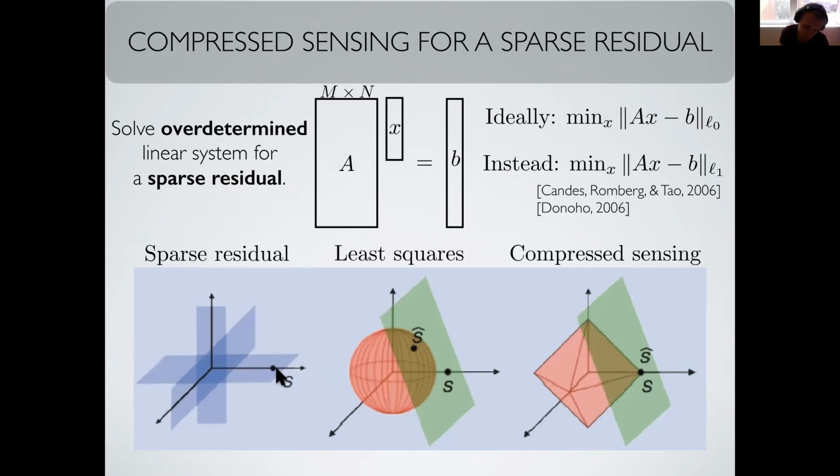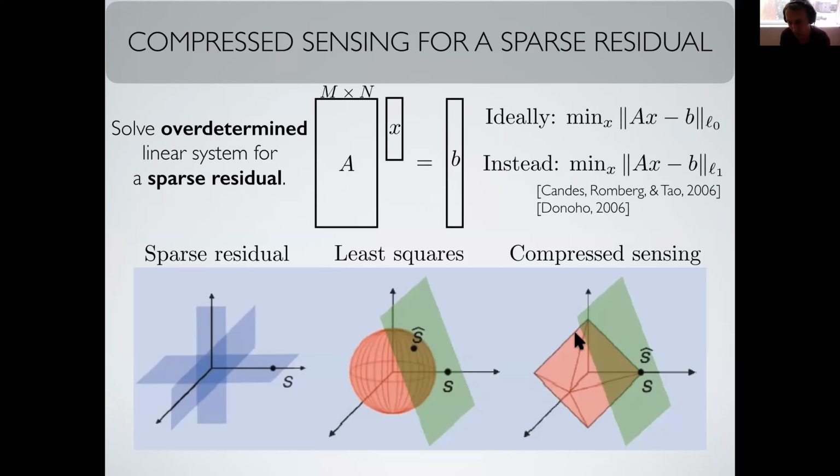Otherwise, it would just have a lot of 0 entries and lie on a hyperplane that's connected with a lot of axes. So if I take this hyperplane that's being described by this residual, with these coefficients describing it, and I try to minimize it in the 2 norm, more often than not, this hyperplane will end up touching the unit ball at a place off the axis and not give me a sparse solution vector.